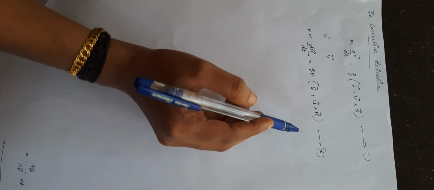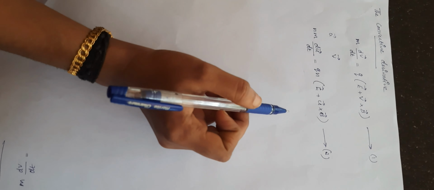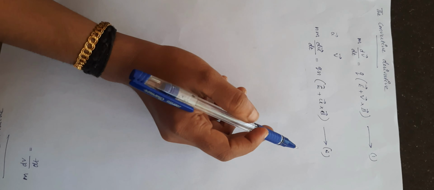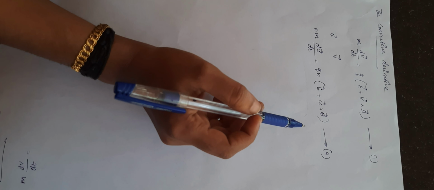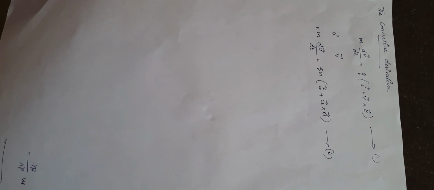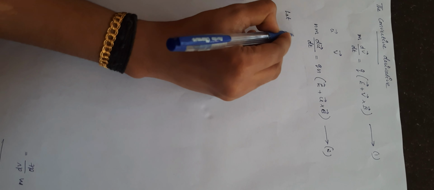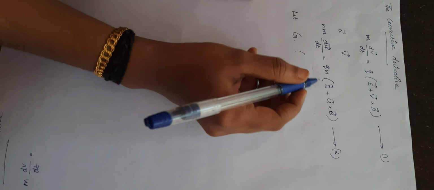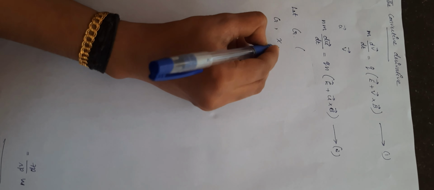Then the physical quantities that depend upon position and time require differentiation with respect to time. The convective derivative helps to solve the problems. Let G be an arbitrary function. Then G depends upon x and t.